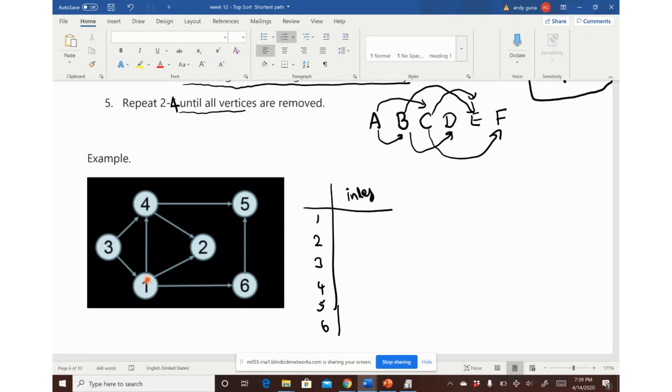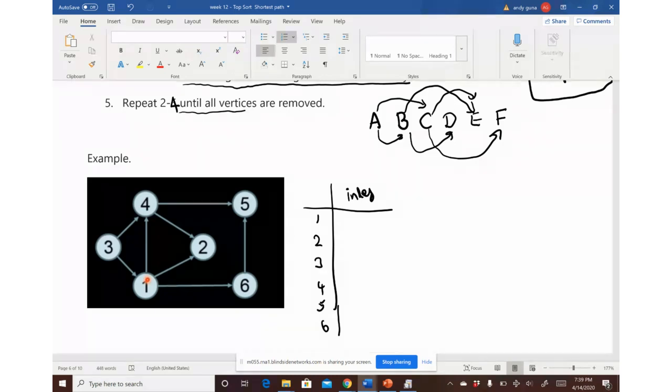If you have the topological order of 1, 2, 3, 4, 5, 6, you can type it in. They don't have to be unique. So you might have a different topological order than someone else. That's okay, as long as the conditions are satisfied.